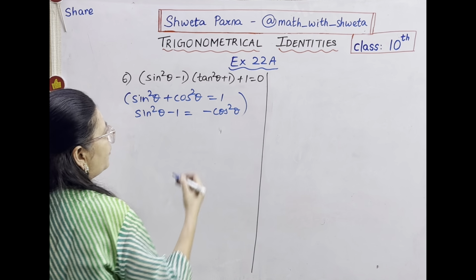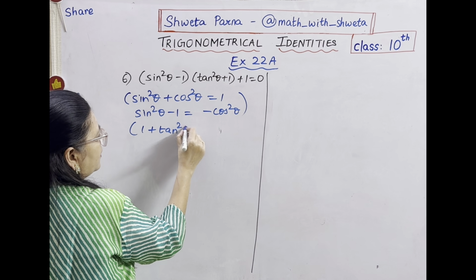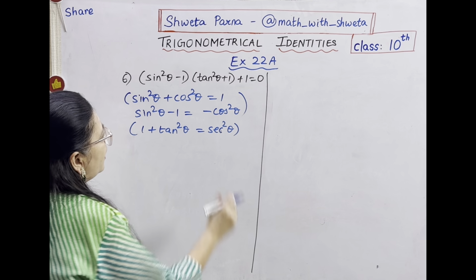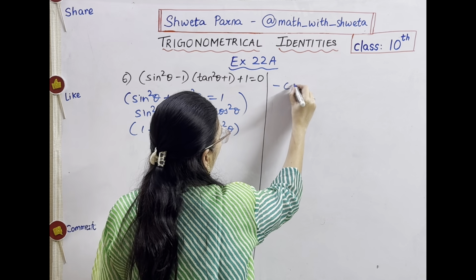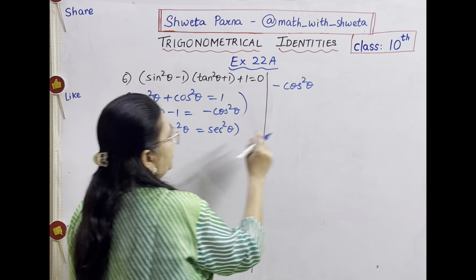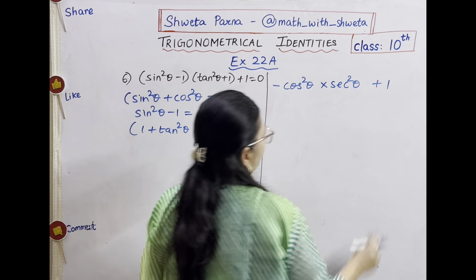Correct? This is the first part. What is 1 plus tan square theta? 1 plus tan square theta is sec square theta. Let's use this. So sin square theta minus 1, you can write here minus cos square theta. Tan square theta plus 1 is sec square theta.